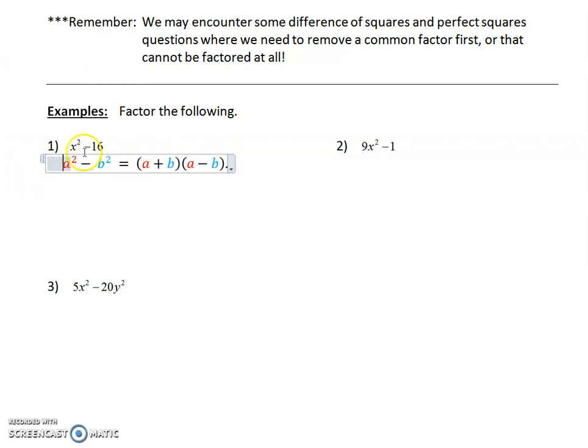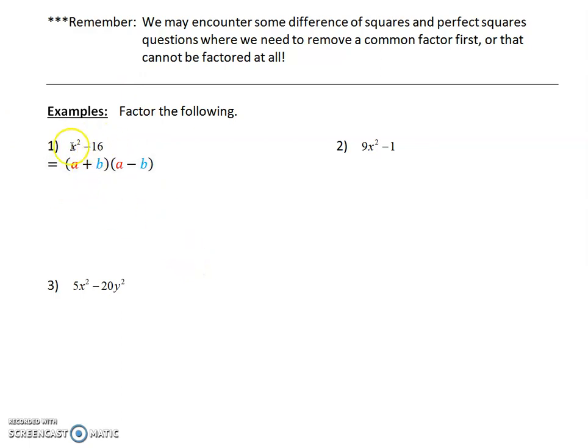This one is our supposed a squared, and this one is our supposed b squared. Since I know that a squared minus b squared is equivalent to these two brackets, why don't I just get rid of this and say that the original question will equal something in brackets.